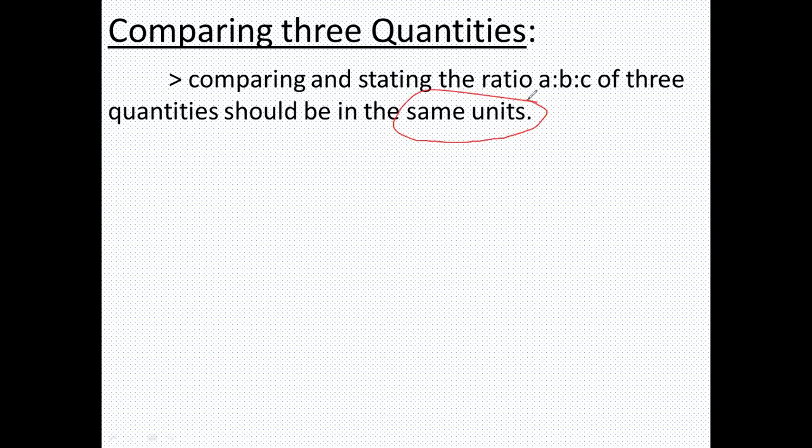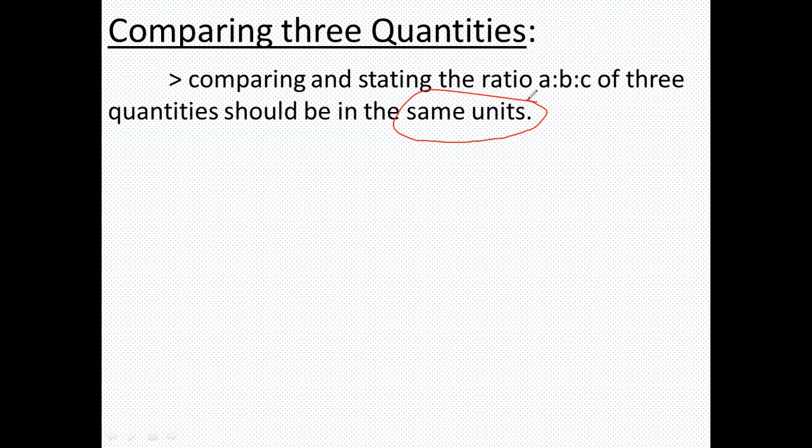What does it mean? When we compare meters, it should be all meters. When we compare grams, all quantities should be in grams. That means that your knowledge in conversion of units is very important.